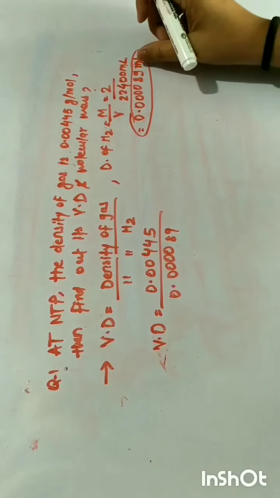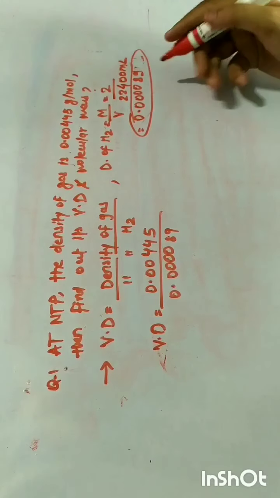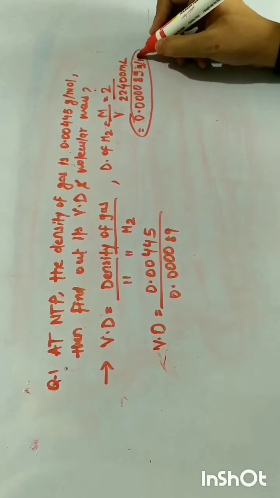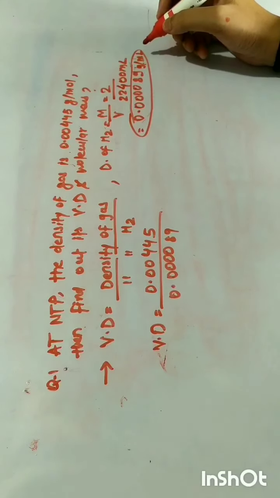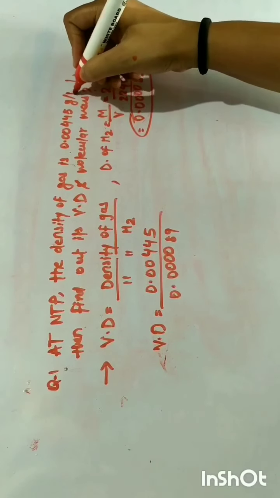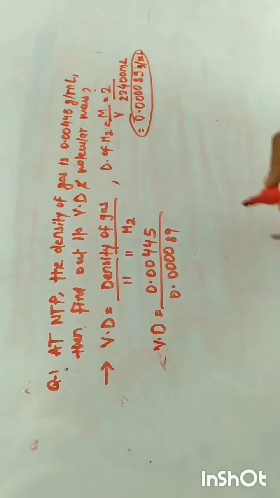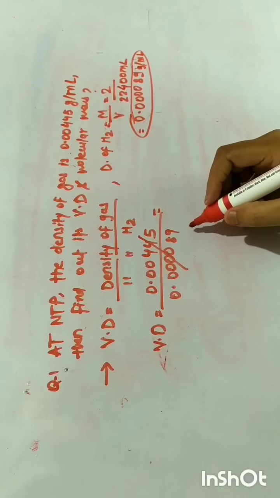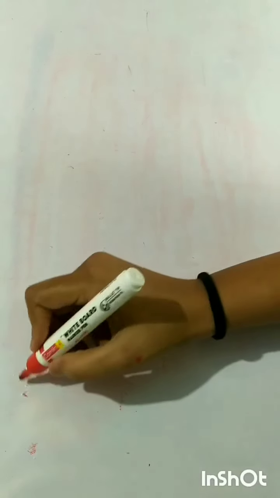Okay, so it is density, it is gram per ml. Density is given, right? So this is the answer.